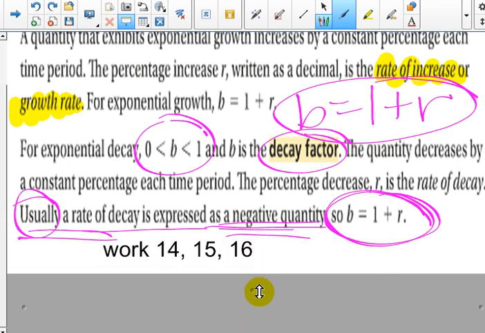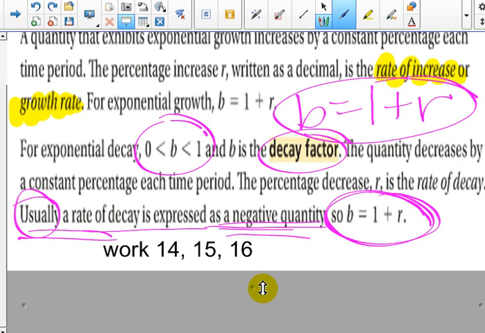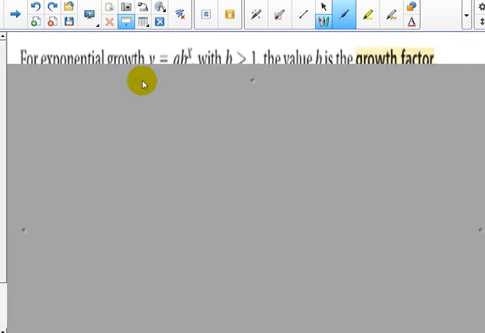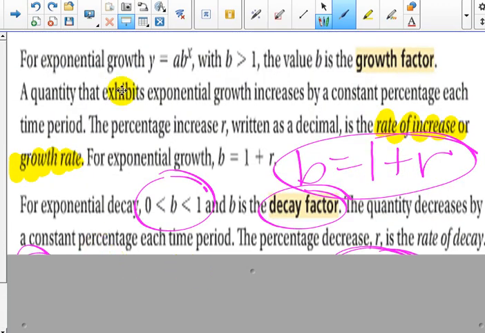So what we're going to do, turn to 14, 15, and 16, and let's do these together quickly. It's actually a lot easier than this seems. Just write down above your first problem, right above your instruction, b equals 1 plus r.